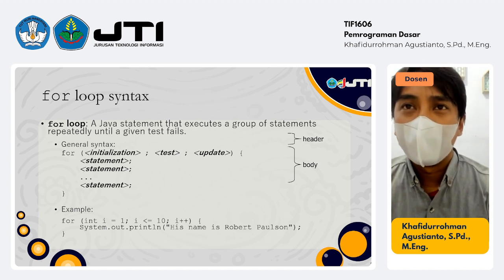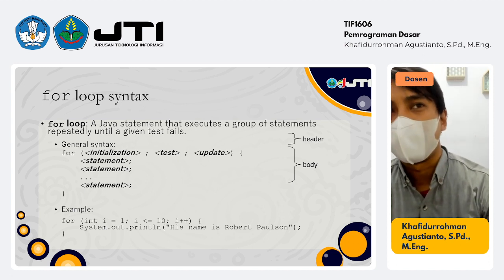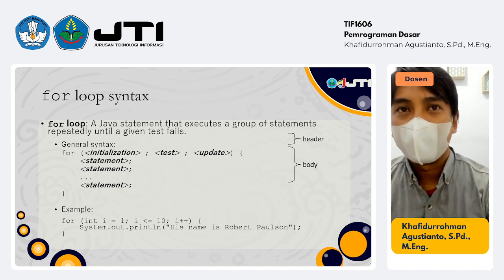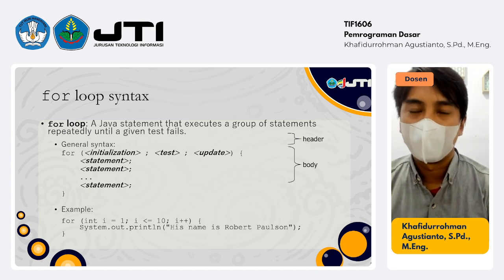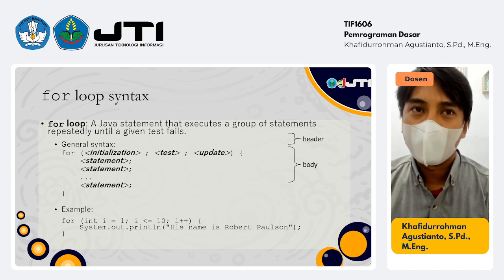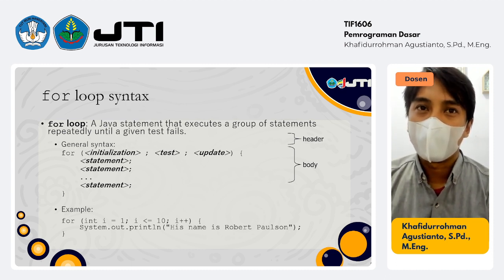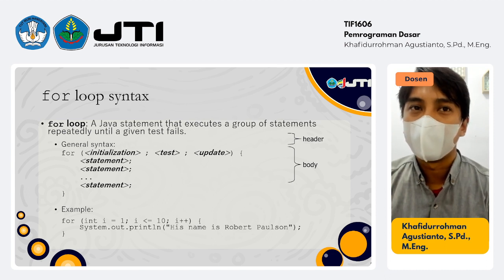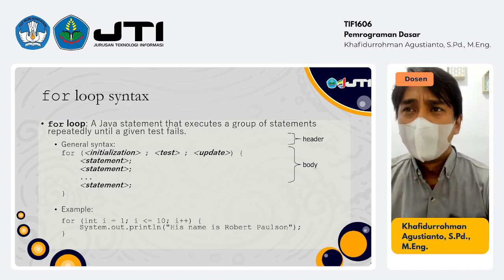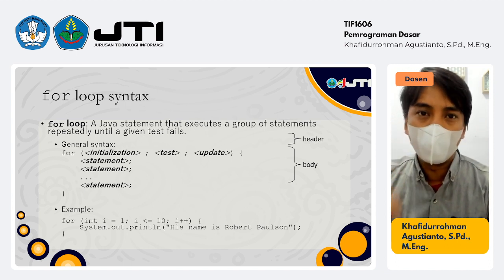A for loop is a Java statement that executes a group of statements repeatedly until a given test fails. The general syntax is for, then initialization, then test, then update, then statement 1, statement 2, statement 3, and so on. This is the body.